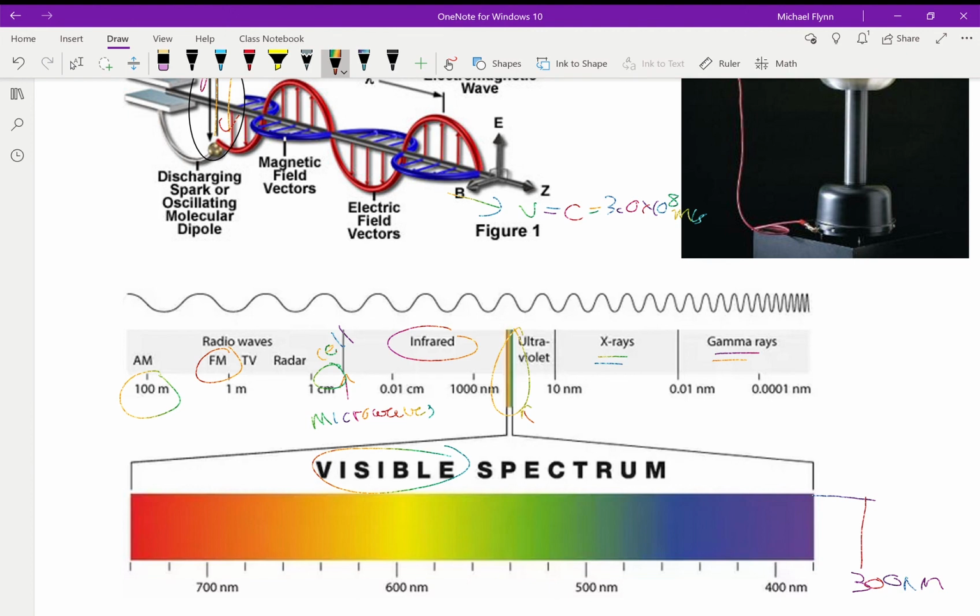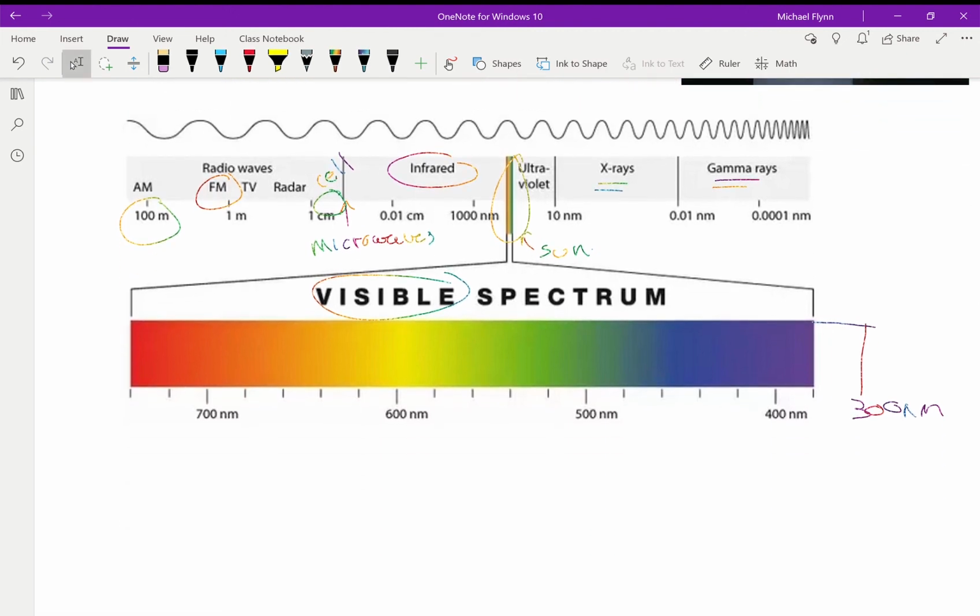So the sun emits mostly visible light, and our eyes are tuned to that. Makes sense, because the sun is what illuminates our world and allows us to see things in the first place.